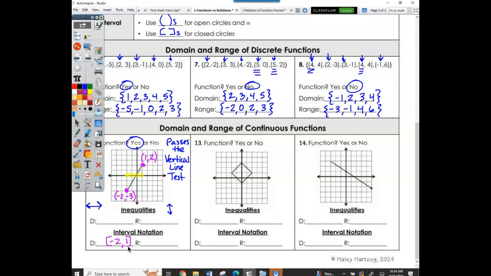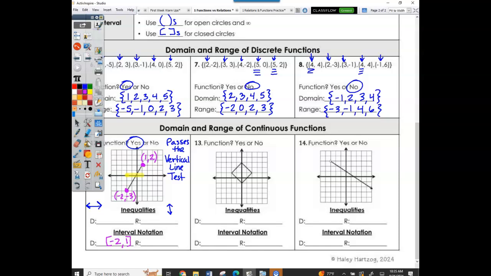The highest x value would be 1. It would cover all of those numbers from -2 up to 1. Now, the range would be -3 to 2.